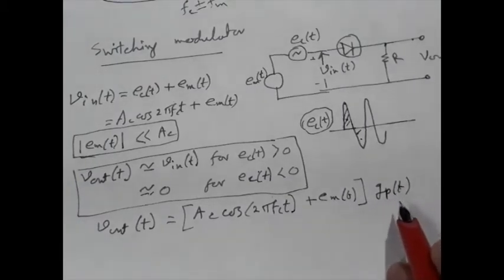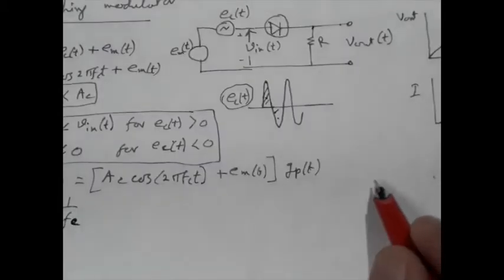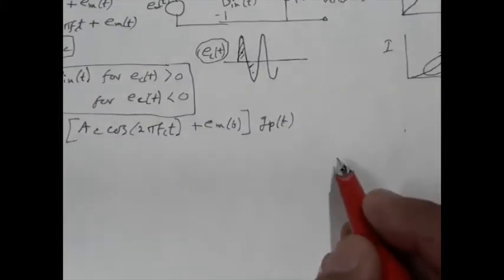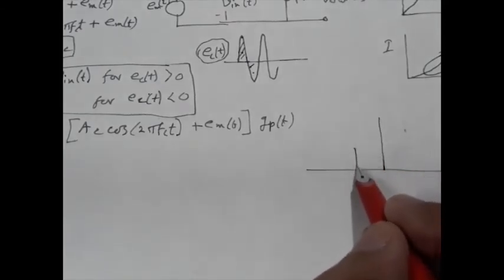Here this g p of t is a periodic pulse train of duty cycle equal to 1/2 and period T0 equal to 1 by fc. So if we plot this g p of t, it will be something like this.